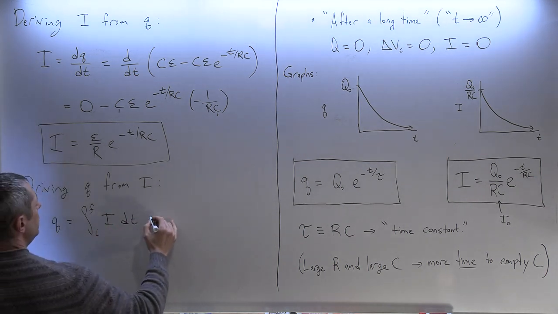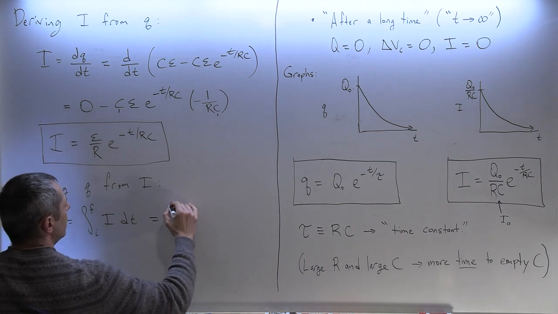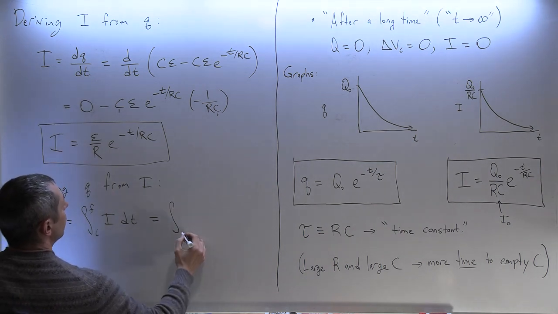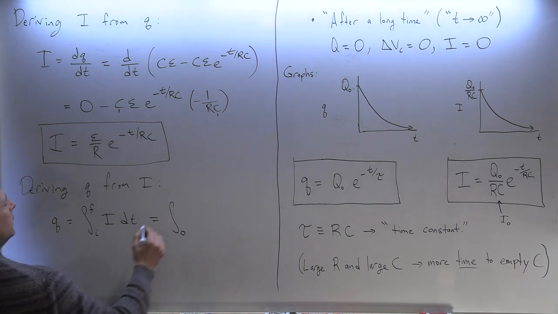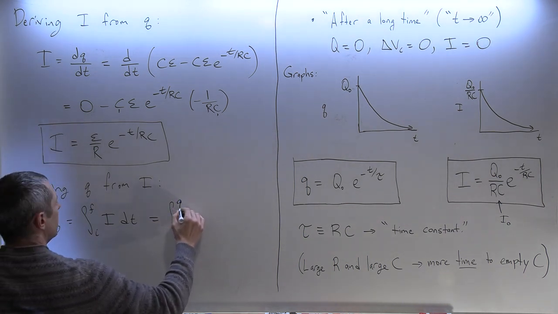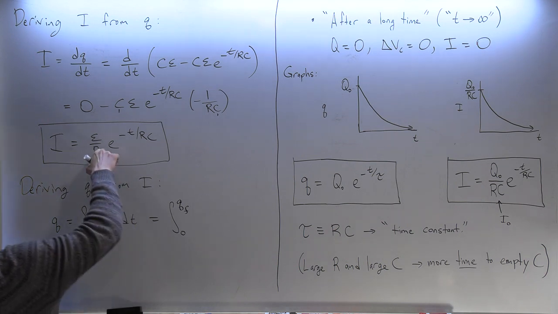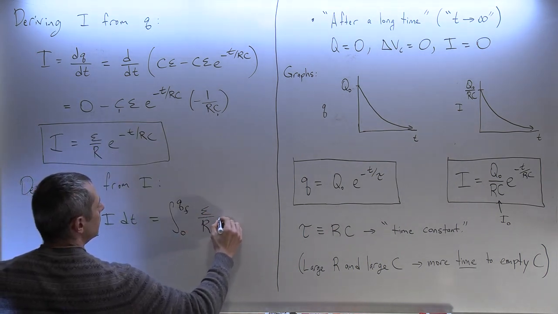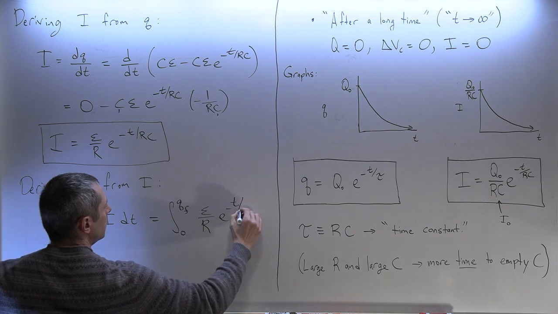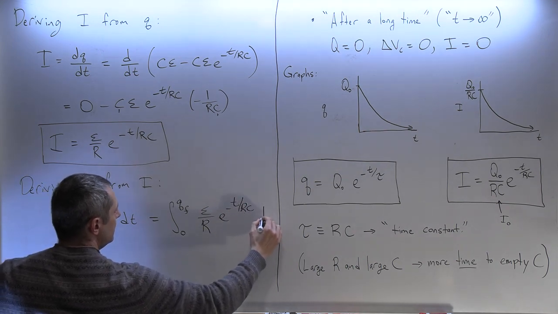And so what you would do in this case is integrate from charge 0, because the capacitor is charging, to some Q final of the current right here, dt.